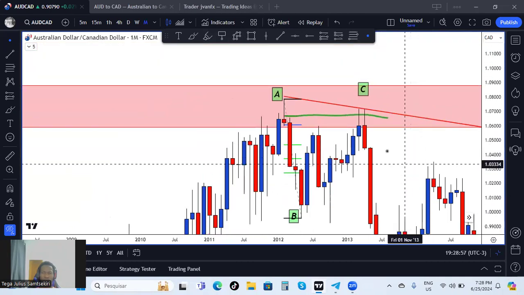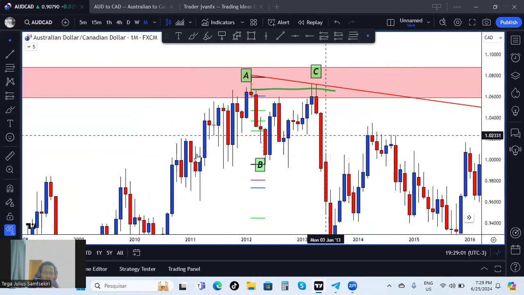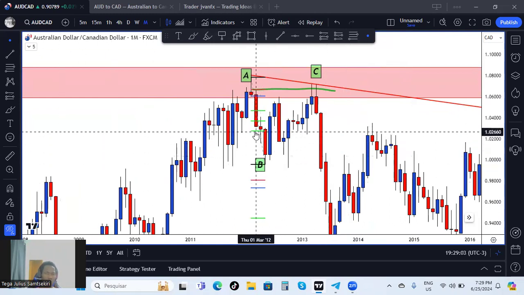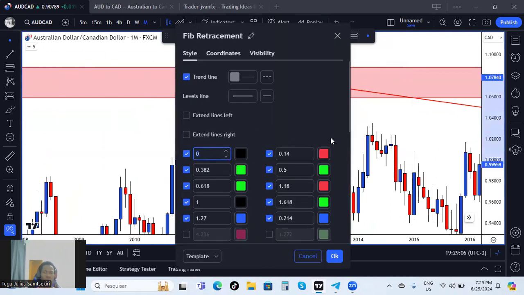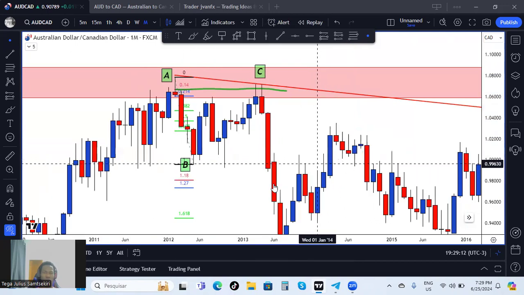That's the way the Fibonacci works. It goes from color to color, or better still, you can use the numbers. Some of you, if you want, can use the levels. Like this is the level.